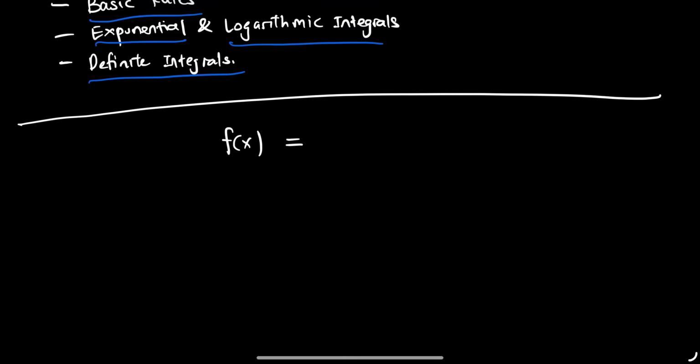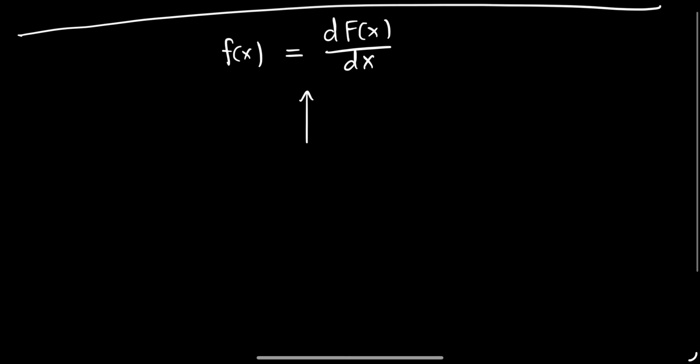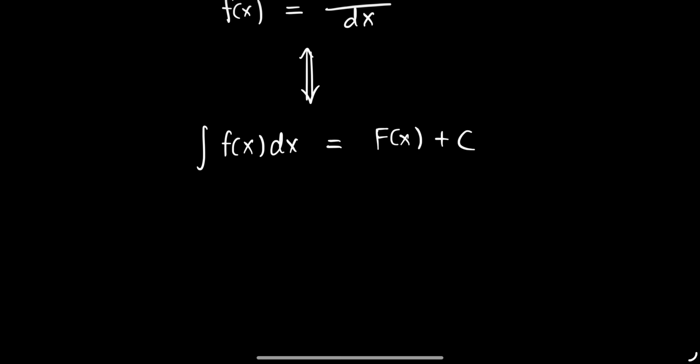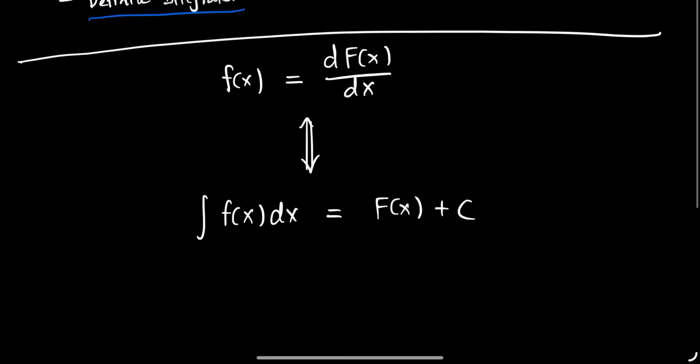and this is the result of differentiating capital F(x) with respect to x, right? So now we know that this thing is just an inverse operation. So if we were to integrate f(x) with respect to x, we get capital F(x) plus c, where c is the constant of integration.